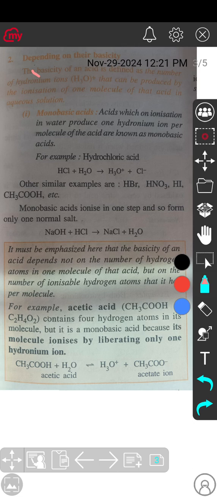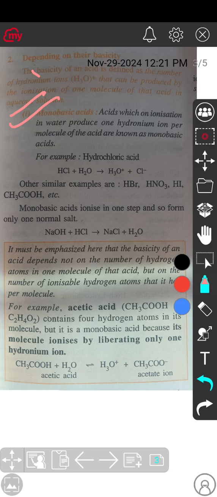It is a number: the number of hydronium ions which can be produced when an acid is ionized in aqueous solution.